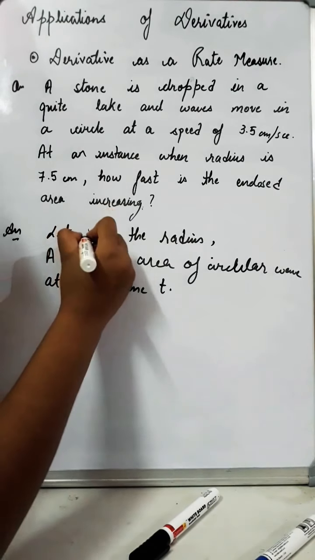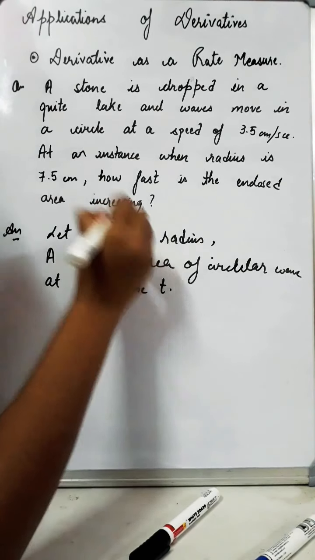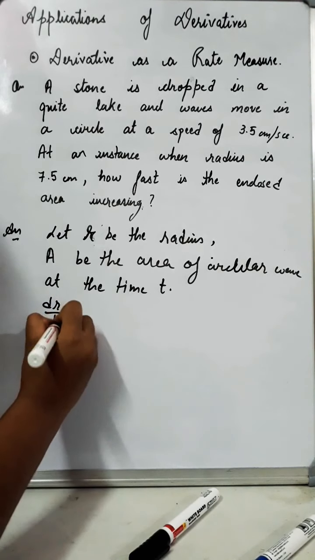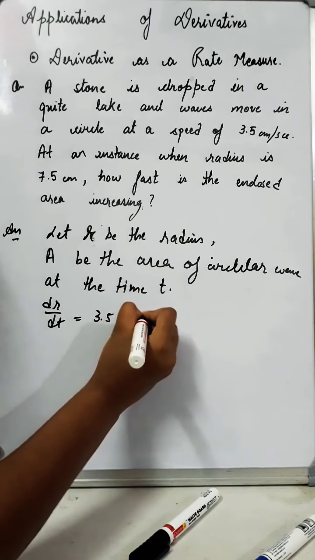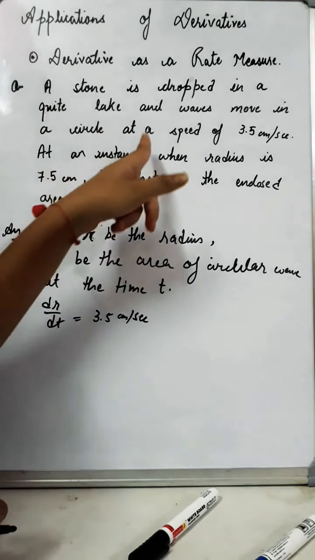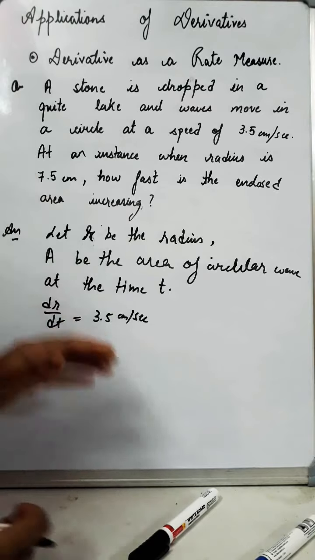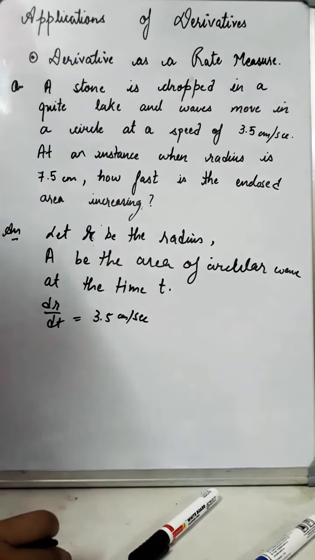Now, according to the question, you are given dr by dt is 3.5 centimeter per second. The rate at which your circle is expanding, the speed, is 3.5 centimeter per second.